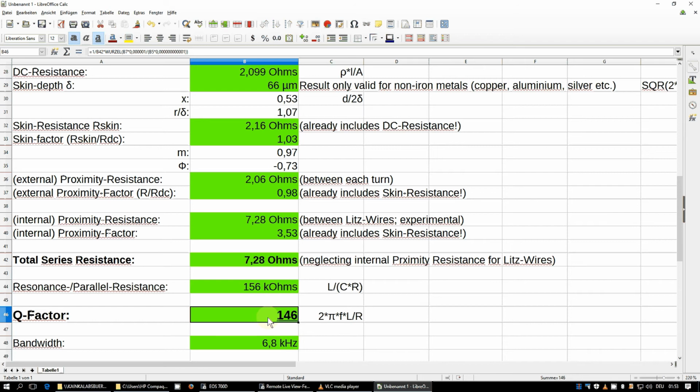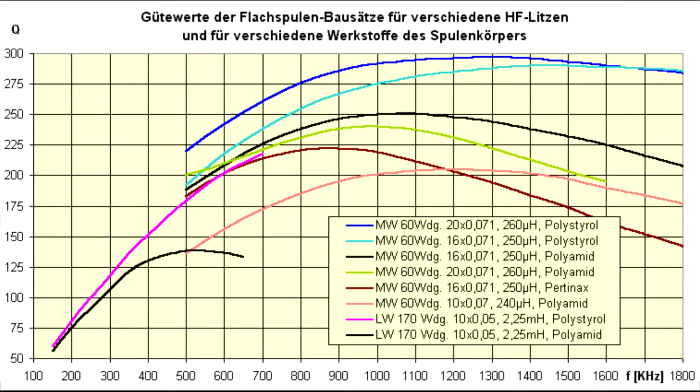Sometimes these spiderweb coils are given with extremely high Q factor values, but that might be true concerning skin resistance and even concerning external proximity resistance.